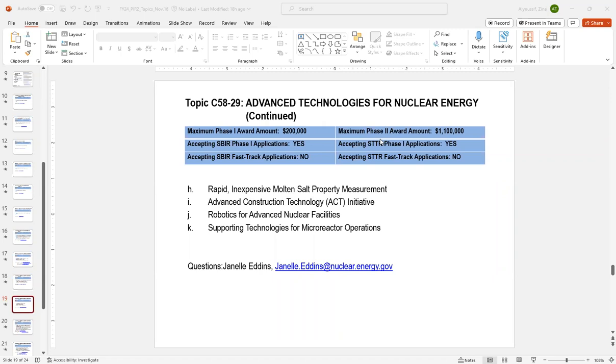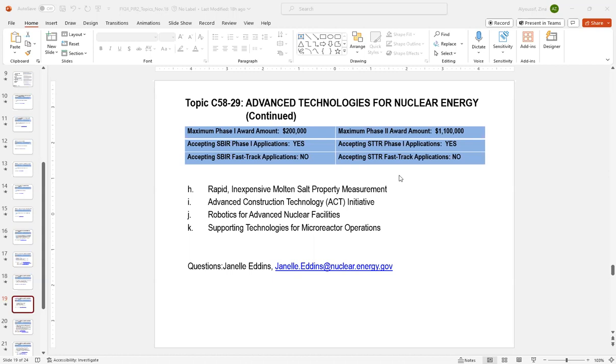I think there was a question earlier on this specific topic that I saw. Applications are requested for developing and demonstrating fueling and defueling systems, advanced modular shielding, and innovative transport options for microreactors that are fueled by HALEU. Does that mean only applications about transporting the reactors are responsive, or also applications about transporting the reactor fuel?